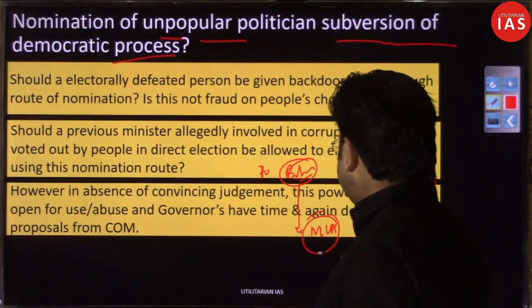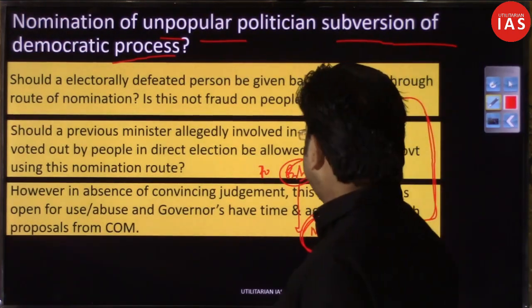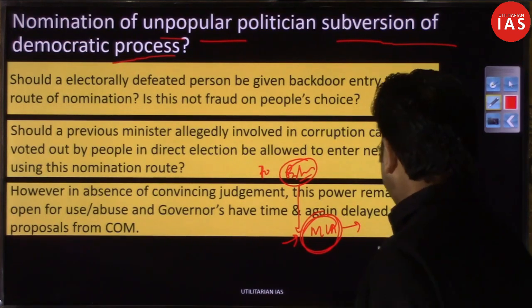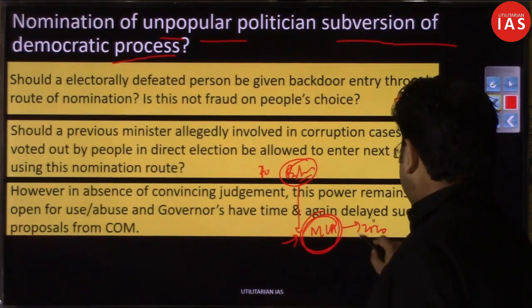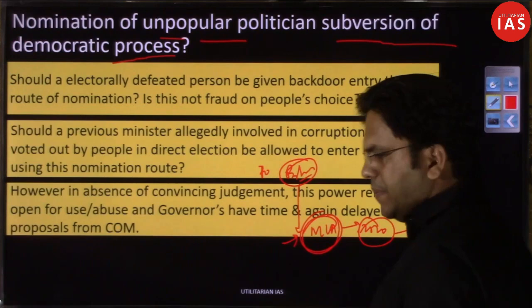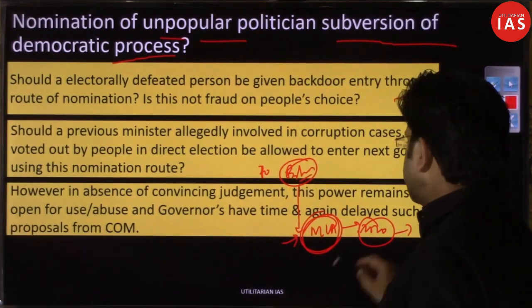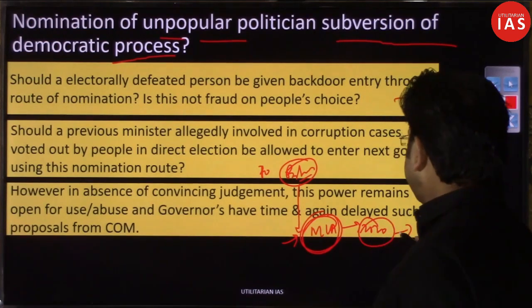He has been indulged in corruption, although the cases have not been proven in court. He went into the new election in 2020 and sought votes from the people. People voted him out, and he was defeated in the constituency he was contesting.